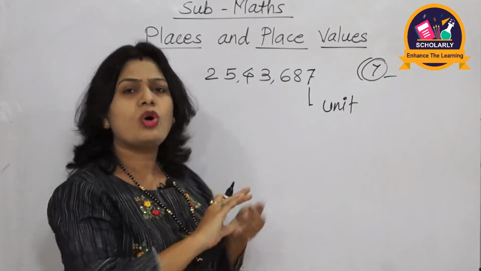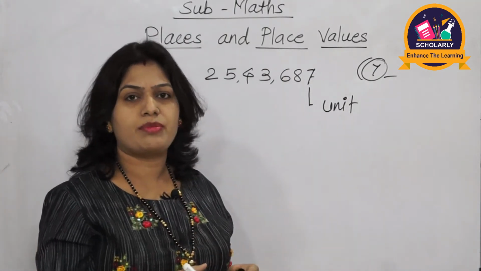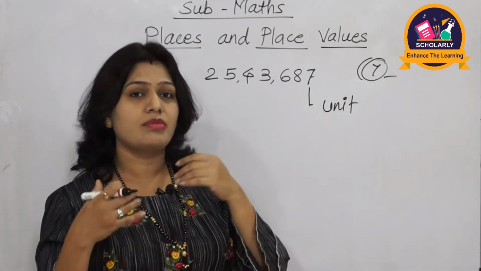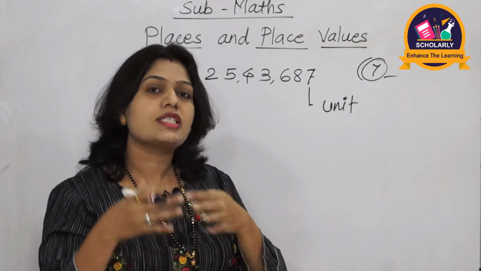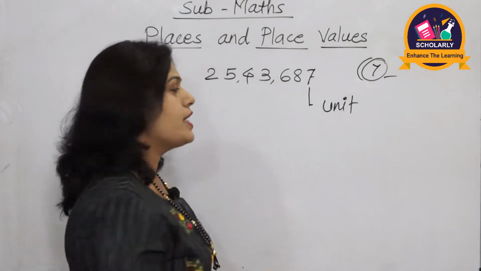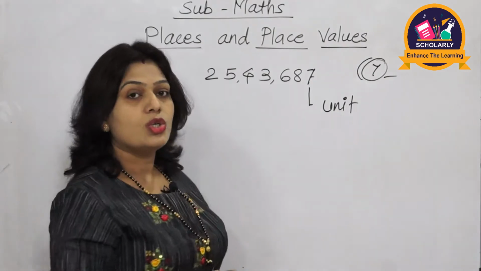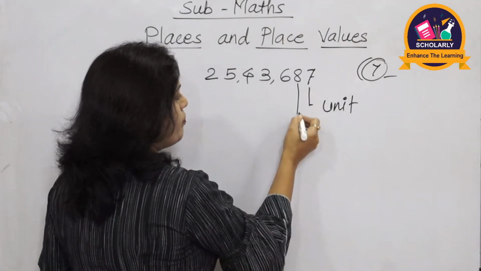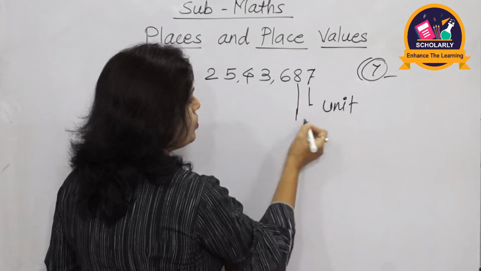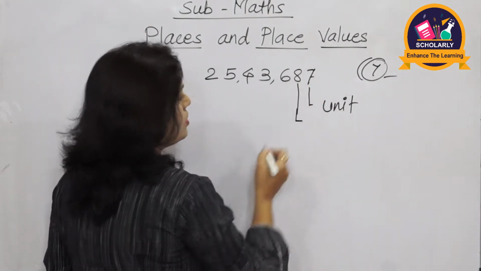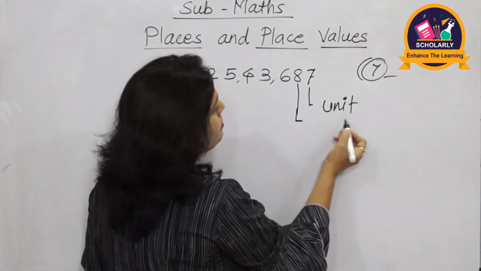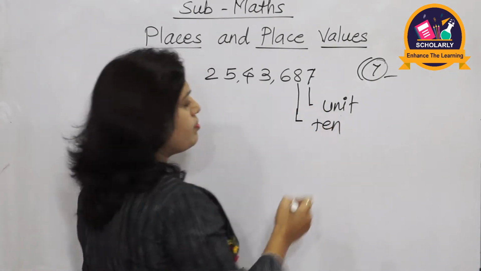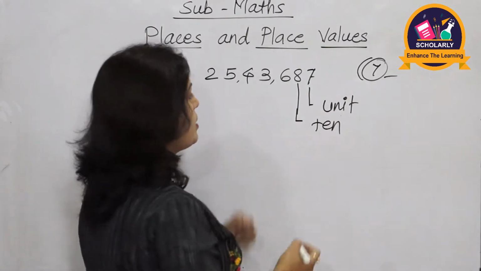No matter how many digits are there in that number, maybe it would be a 5-digit number, a 4-digit number, 3-digit number, or 6, 7 or 8-digit numbers, the last place is always a unit place. Then the nearest place to the unit place, the first left to the unit place, is 10 place.